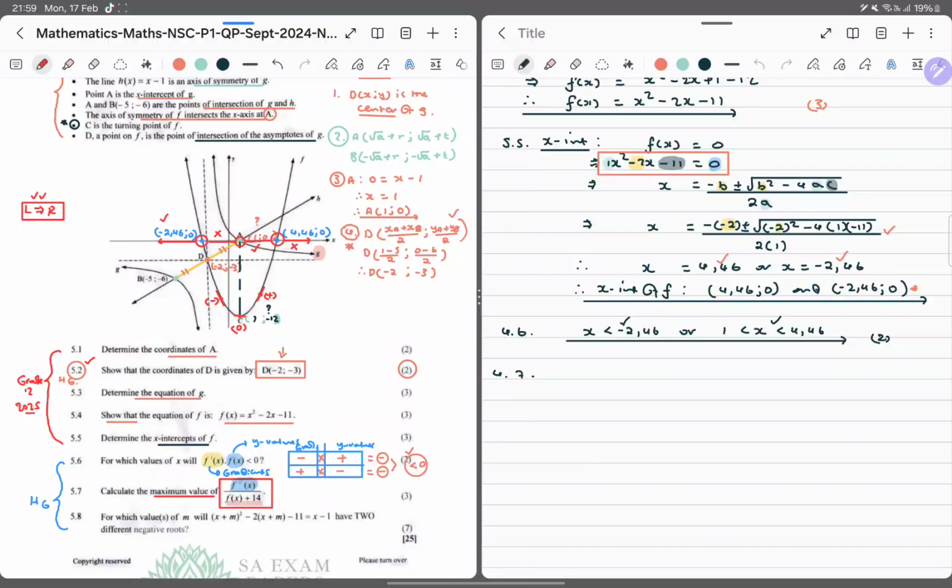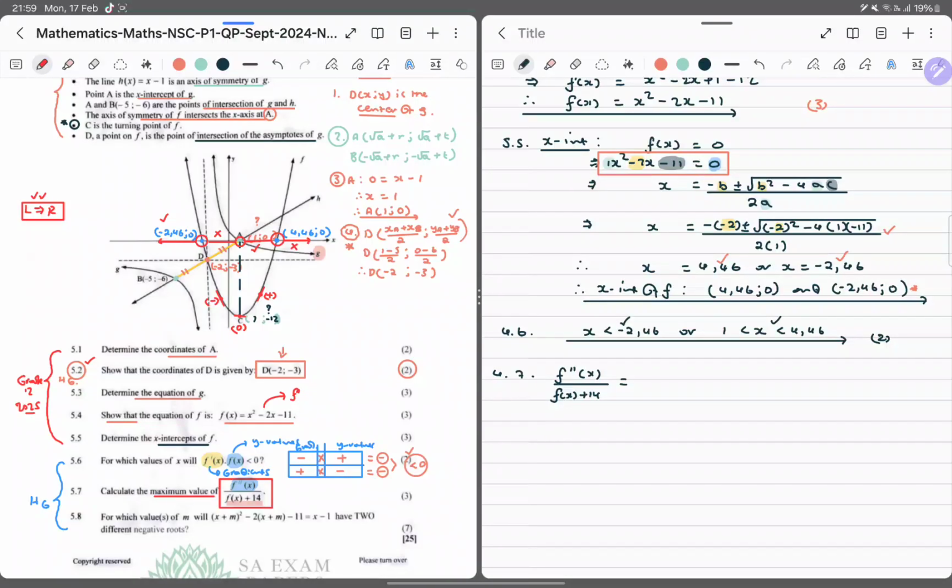So folks, what do we know? We know first of all that the second derivative of f divided by f of x plus 14 is going to be equal to. Now we take this. Now those of you who are upgrading, this is for you guys.